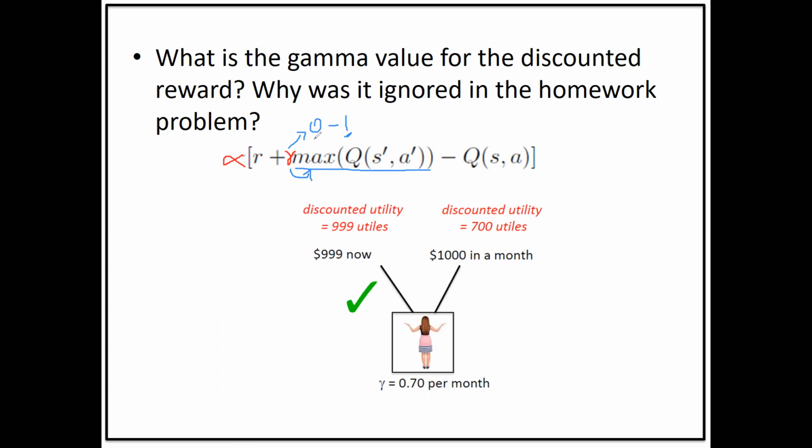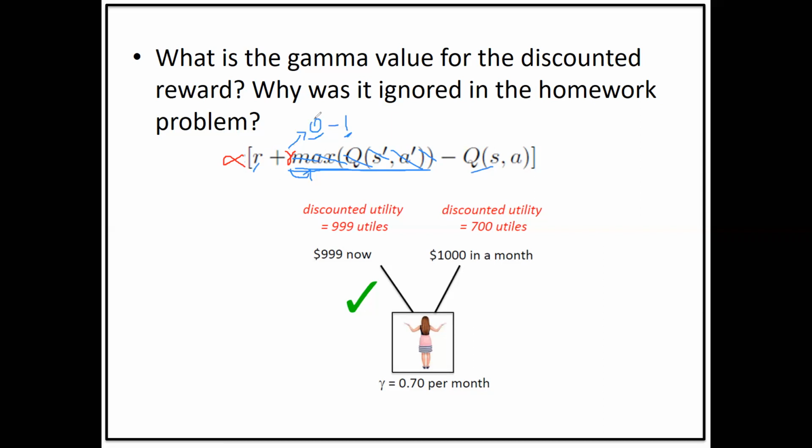But if your gamma value, that is the discounted reward, is really low, it means that you don't place much emphasis on your future cumulative rewards, but rather you place a lot of emphasis on your instantaneous reward. If you make gamma 0, this whole term disappears. So what is the only thing that is left? Only the instantaneous reward and your current Q value.